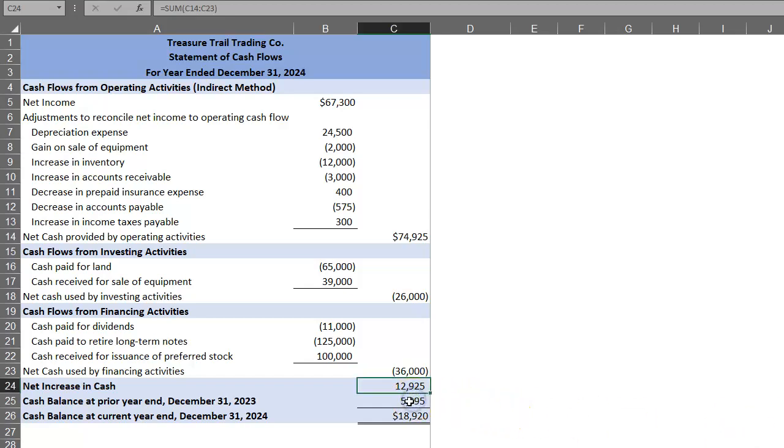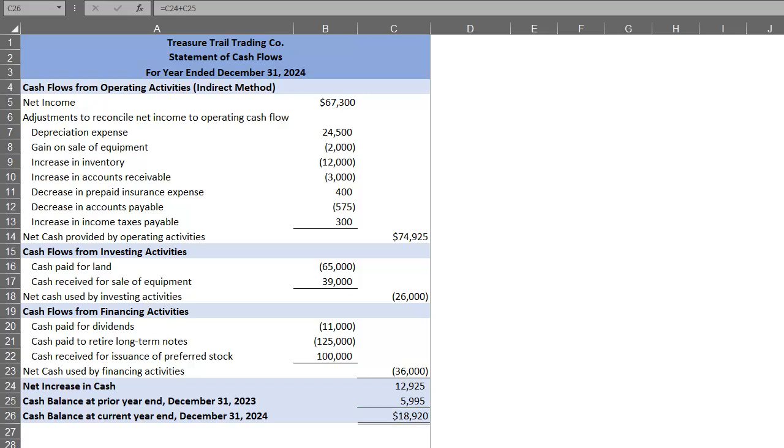If we move to cell C25, we see we have $5,995. This is the prior year ending balance, also known as the current year beginning balance of our cash account. And we add that to the net increase or decrease in cash. So we're going to add that to the $12,925 from cell C24, and we get a total of $18,920 as seen in cell C26.